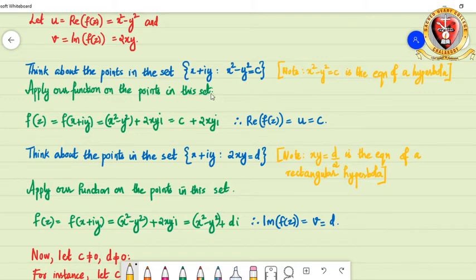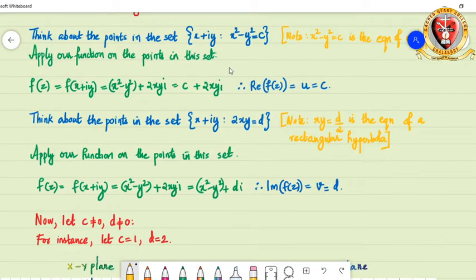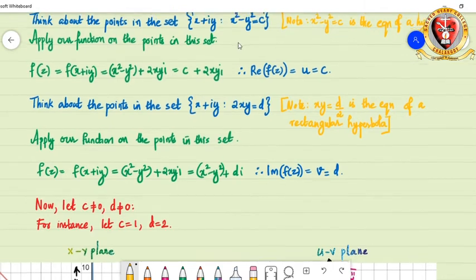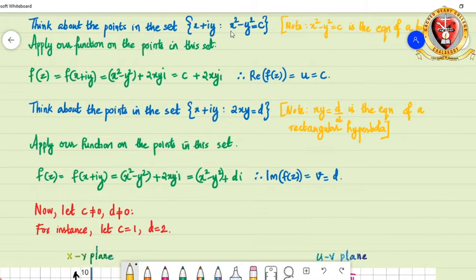Now we are going to apply our function f of z is equal to z square on the points of this set. So you have f of z is equal to x square minus y square plus 2xyi, and in this set every point has x square minus y square equal to c. So instead of x square minus y square you can replace it with c.